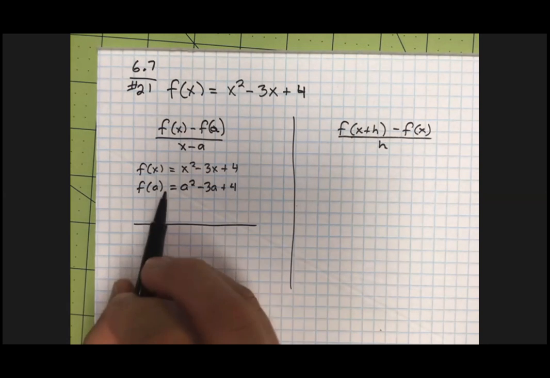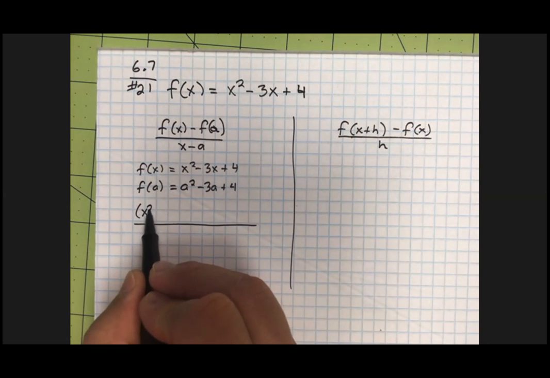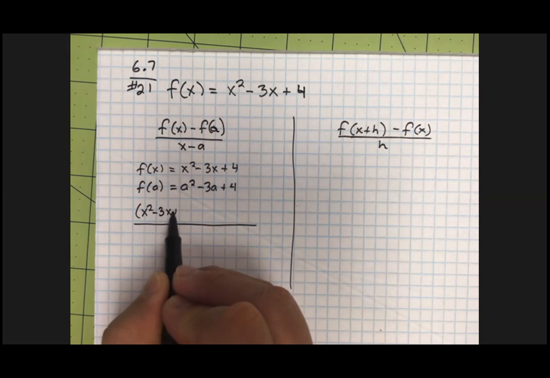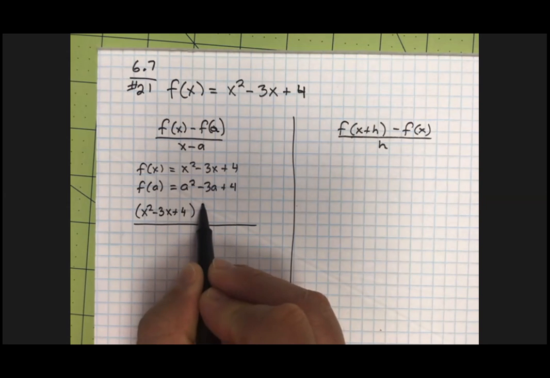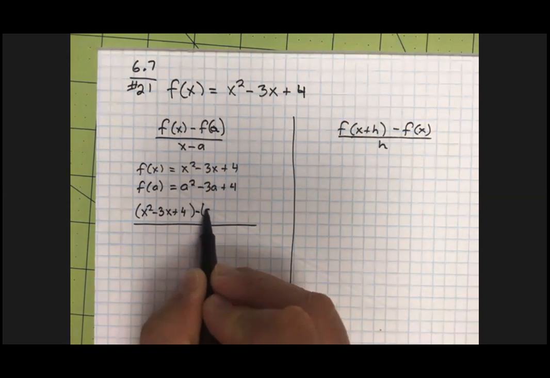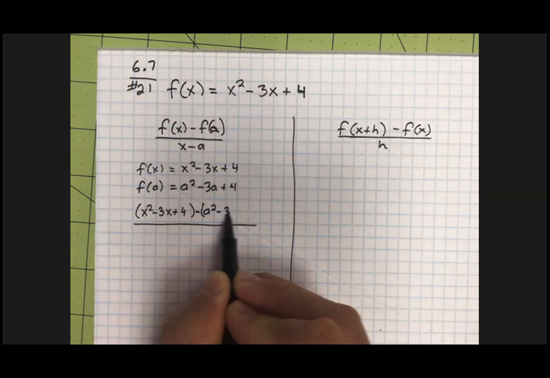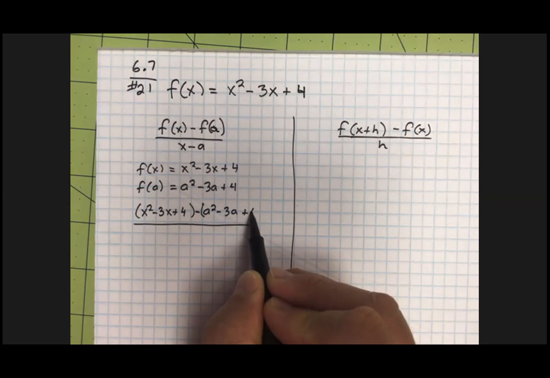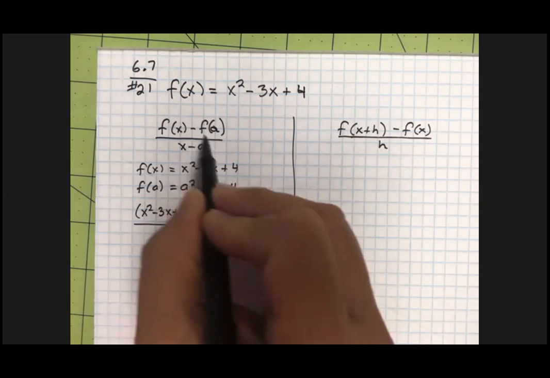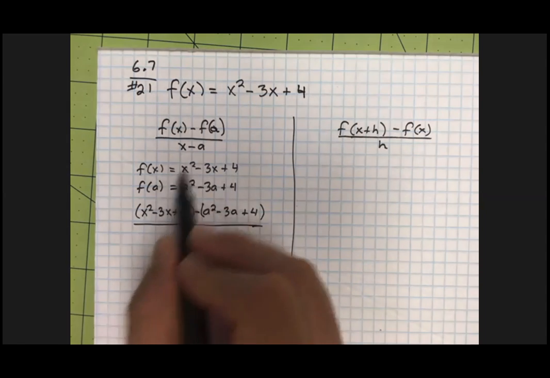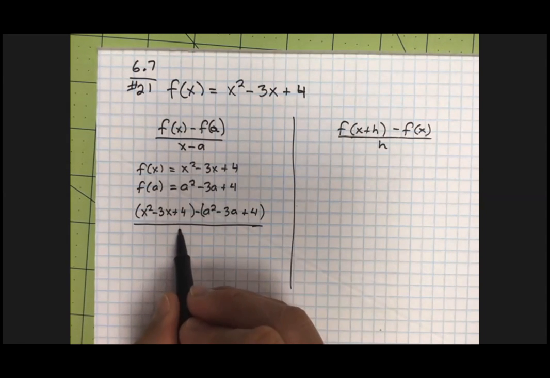What happens when you subtract them? X squared minus 3x plus 4. Subtract a squared minus 3a plus 4. And not only subtract them, but after you do that, divide by x minus a.